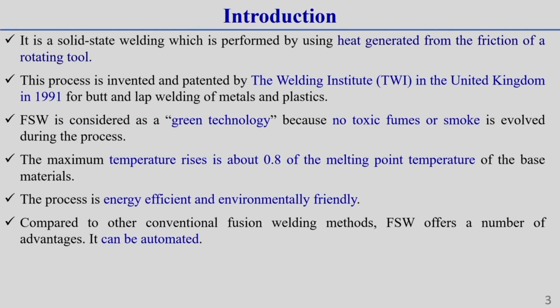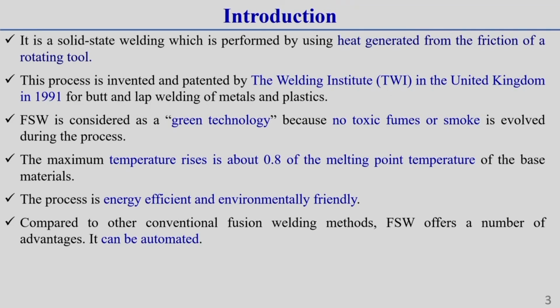So you see this friction stir welding process, which I have already told you, is a solid state welding process where the heat is generated by a rotating tool. This you should keep in mind. The heat is generated by a rotating tool which makes contact with the workpiece, and due to this there develops frictional heating.